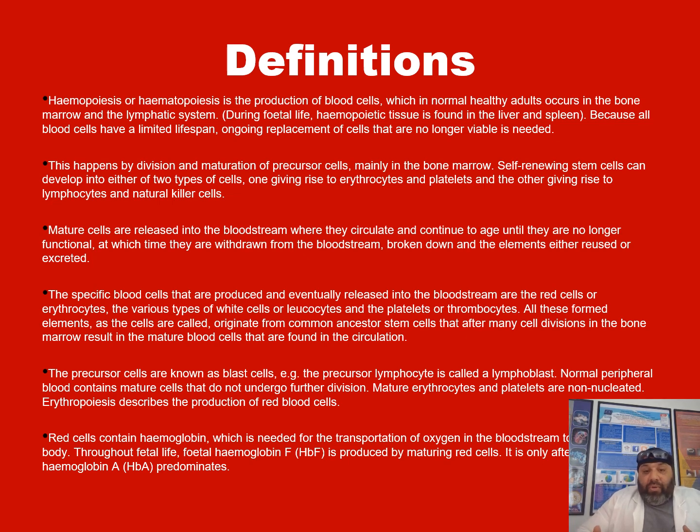Mature cells are released into the bloodstream, where they circulate and continue to age until they are no longer functional, at which time they are withdrawn from the bloodstream, broken down, and the elements either reused or excreted. The specific blood cells produced and released into the bloodstream are the red cells or erythrocytes, the various types of white cells or leukocytes or lymphocytes, and the platelets or thrombocytes.